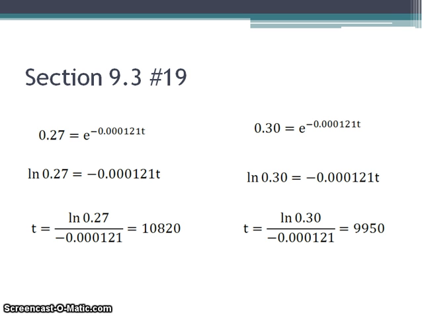So ln of 0.30 equals negative 0.000121 t. And then again, you solve for t, which is time. So t equals ln of 0.30 over negative 0.000121, which is 9,950.